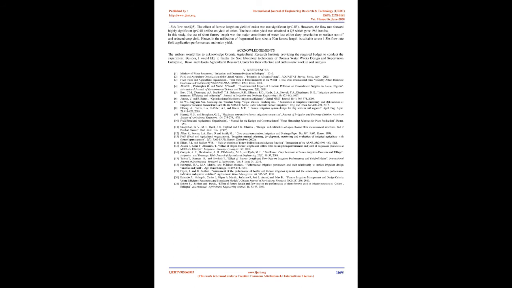The highest value of storage efficiency was 94.98% for the treatment combination of 50 m furrow length, F3, and 0.7 L/s flow rate, Q1, and the lowest value of 78.05% for 25 m furrow length, F1, and 1.3 L/s flow rate, Q3.